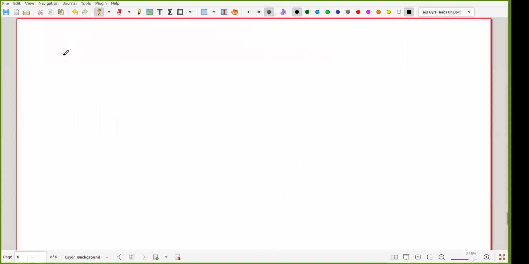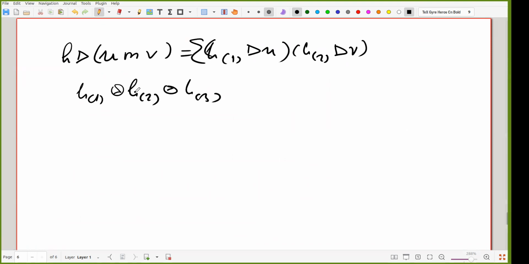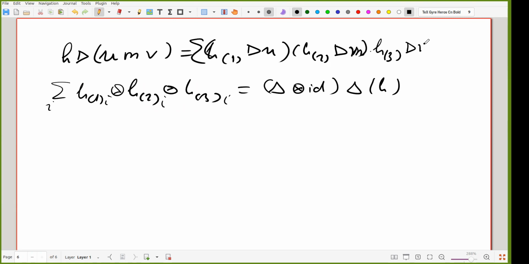Bimodule measuring means that if I act on U, then have something in the bimodule, and V, then I will have a triple sum: H1 acts on U, H2 acts on M, and H3 acts on V. Of course, for those who are not familiar with Hopf algebras, this notation is just the iterated coproduct on H. It will be some sum with some indices, and these indices are usually skipped, and that's called Sweedler's notation.